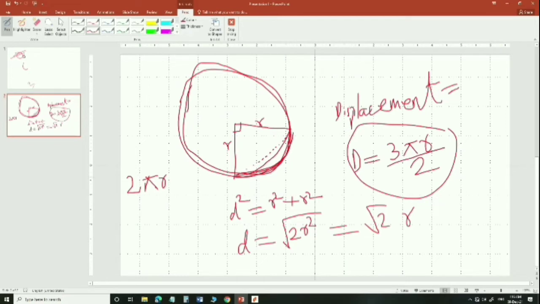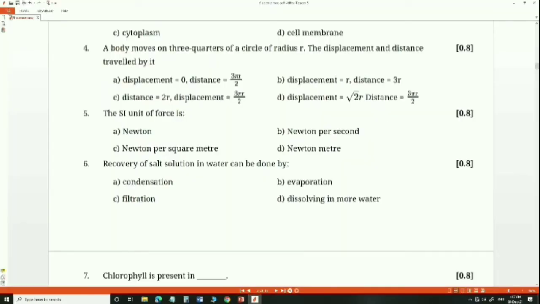That's why it is 3/4 into 2 pi r, which is 3/2 pi r. Now the answer is D: displacement is equal to root 2 r, and distance is equal to 3 pi r by 2. Now move to the fifth question, and the fifth question is very simple.